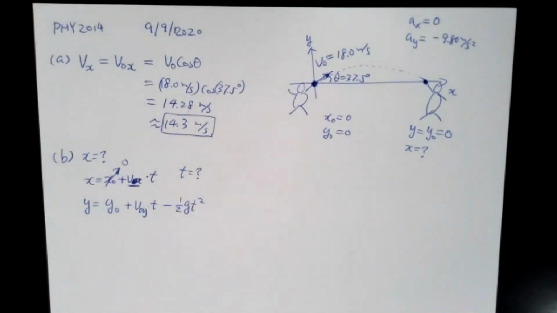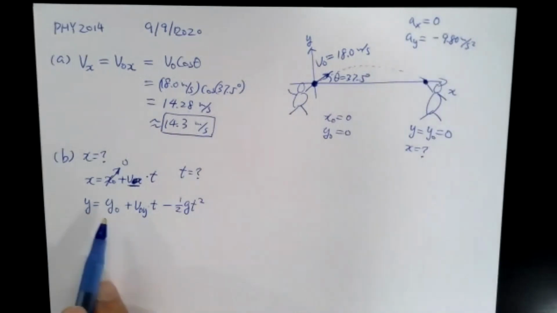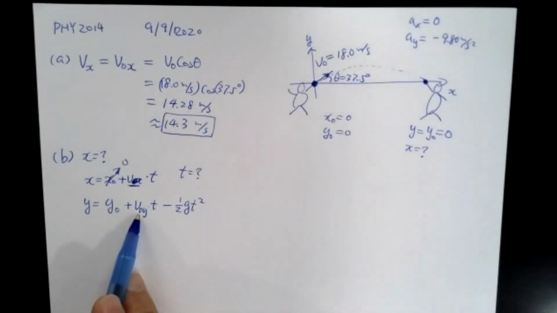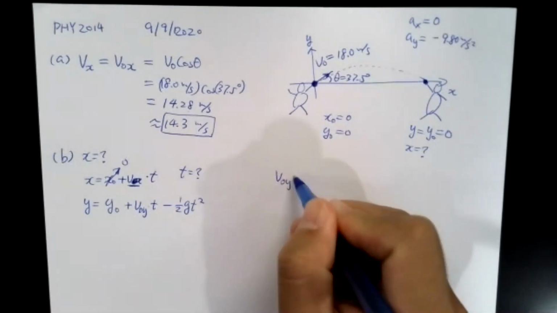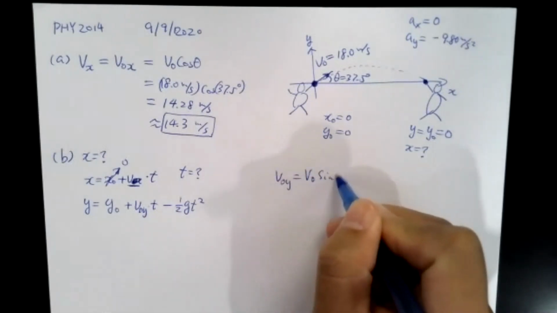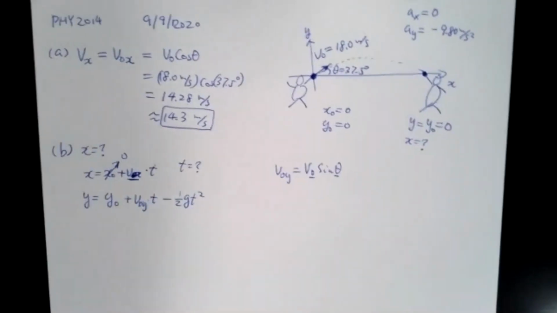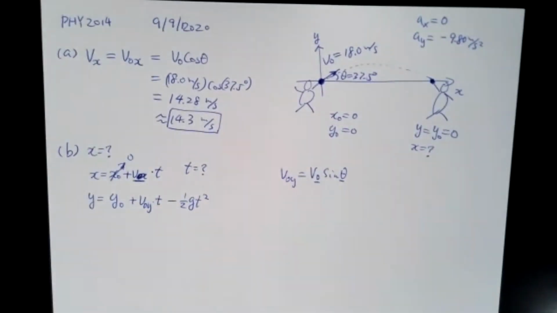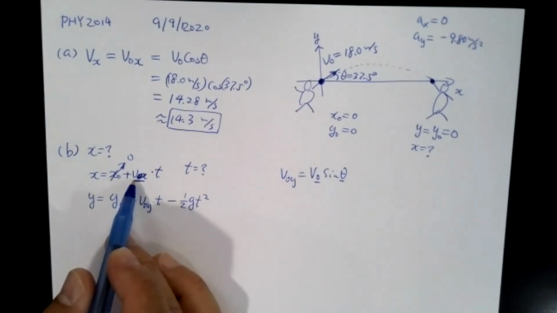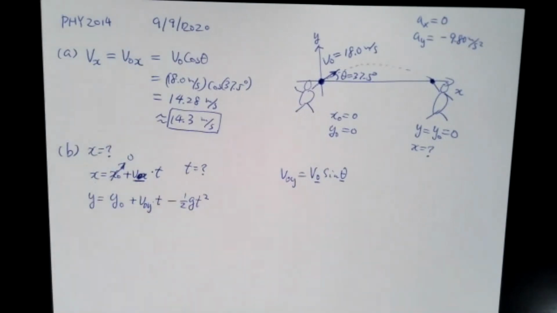In this equation you have your final y, initial y, and your initial velocity in the y component, which you can get from v0 sine of theta, since v0 and theta are given. With g equal to 9.8, the only unknown is t. So you can solve for t, and then plug t back into the x equation to figure out x. That's what you are going to do.